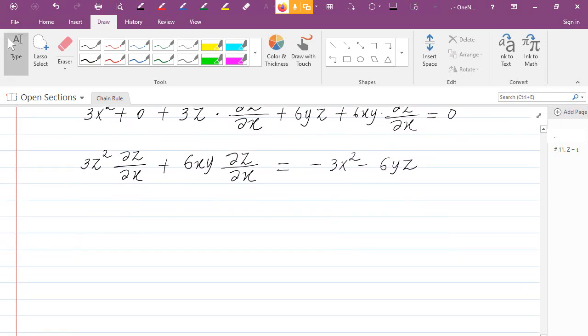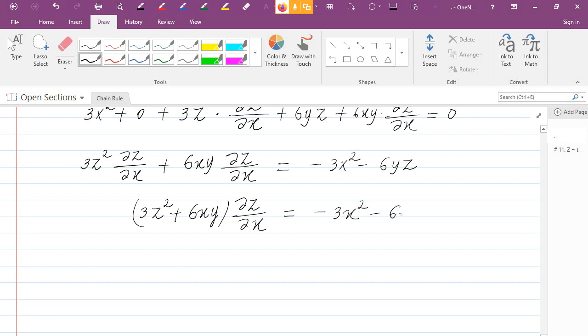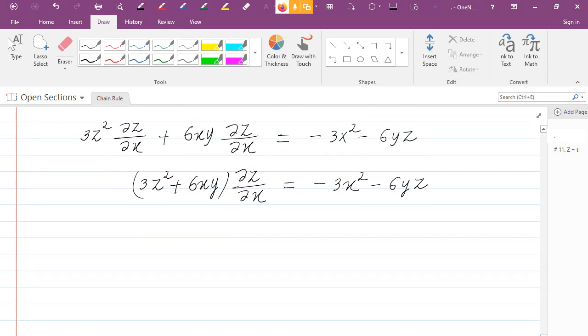Now on the left hand side I can factor out, so I get 3z squared plus 6xy multiplied by the partial of z with respect to x, which is equal to negative 3x squared minus 6yz. Finally I'm going to divide.